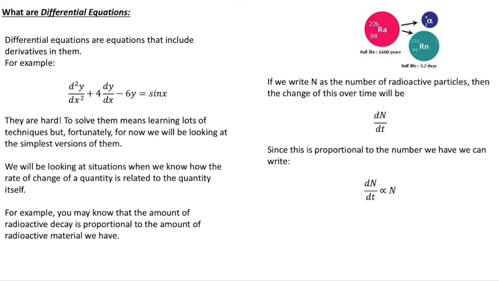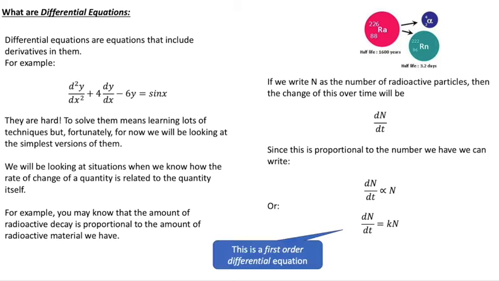And since this is proportional to the number we have, then we can say that dN/dt is proportional to N. And that means, as you will know from previous study, that the proportional sign we can replace by equals a constant. So dN/dt is equal to a constant times N. And this is called a first order differential equation.